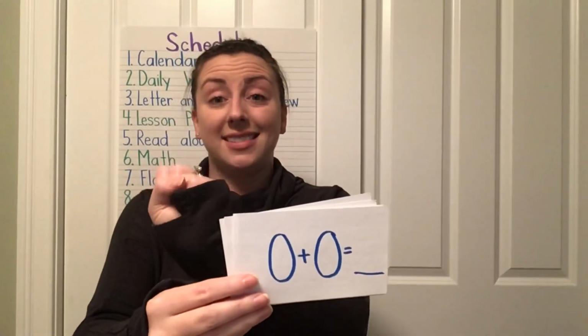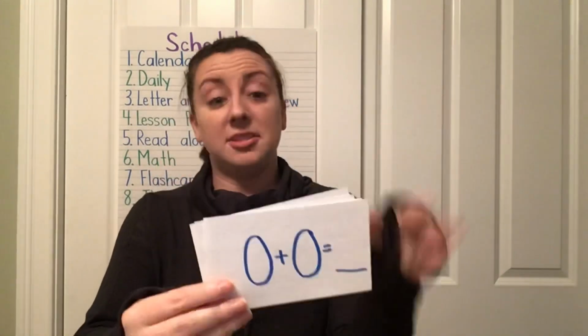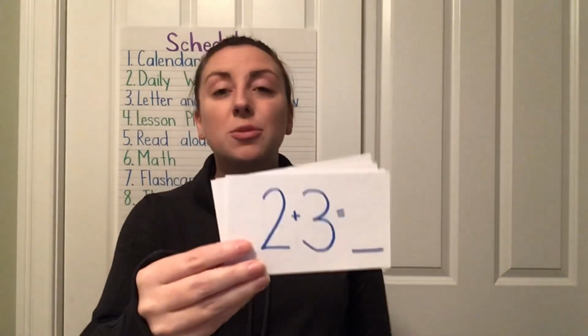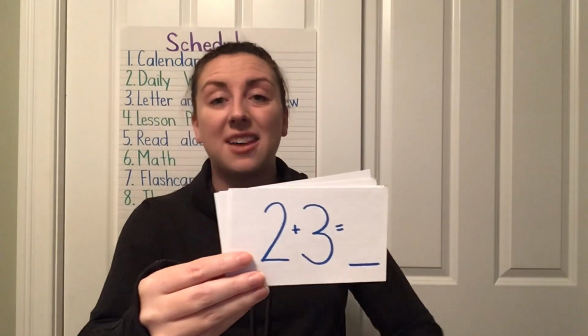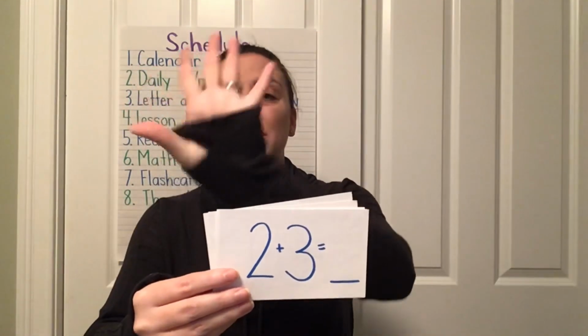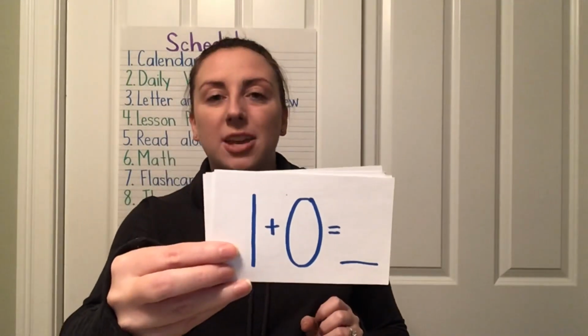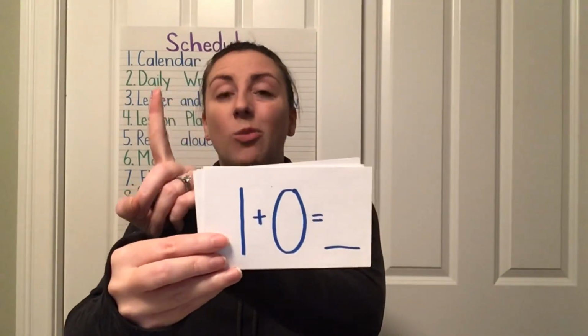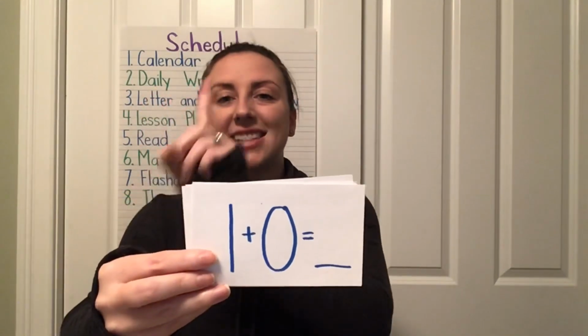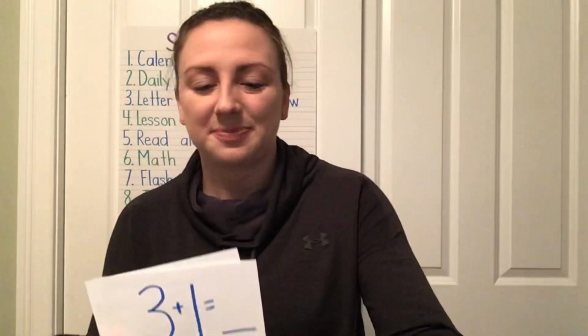You have none, and then you add 0 more, still 0. 2 plus 3 equals 5. You start with 2 and then you add 3 more. 1, 2, 3. So your answer is 5. 1 plus 0 equals 1. Start with 1, add 0 more. So your answer is still 1.